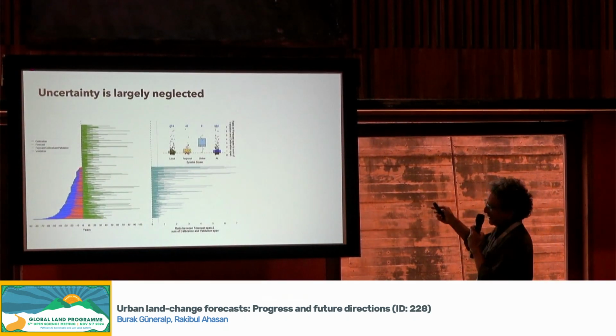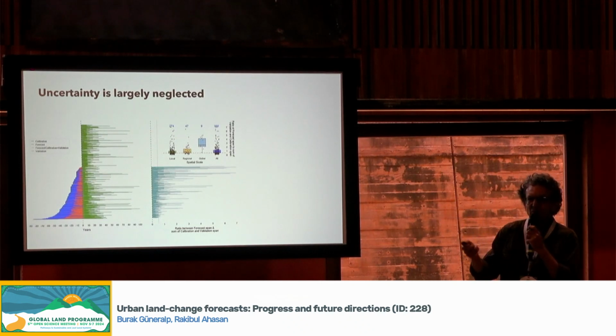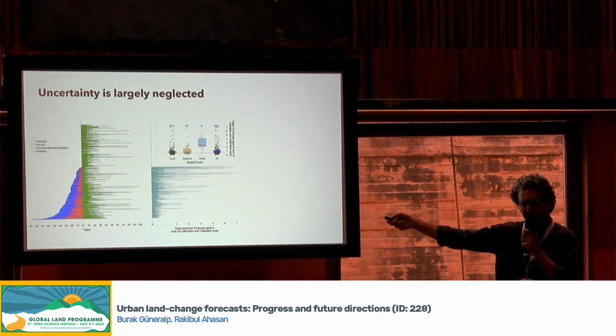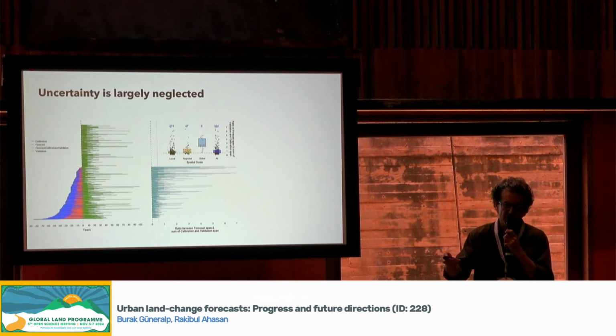And we found a lot of evidence that it's okay to forecast until the end of the century, but at least there needs to be some recognition that this is much less certain than when you forecast 20 years into the future.